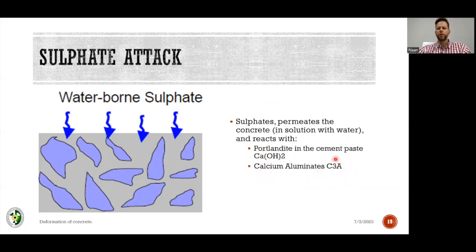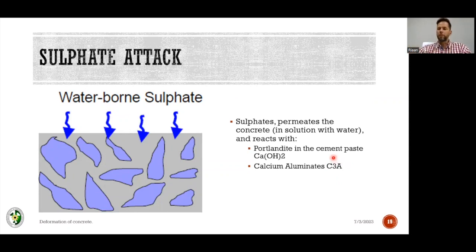It also reacts with your calcium aluminates. Now the calcium aluminates, you remember from the beginning, we have C3S, C2S, C4AF, and C3A. C3A is the one that immediately reacts when water is there, but the gypsum also immediately reacts. They form together to form ettringite, and that then delays the whole setting process of your concrete.